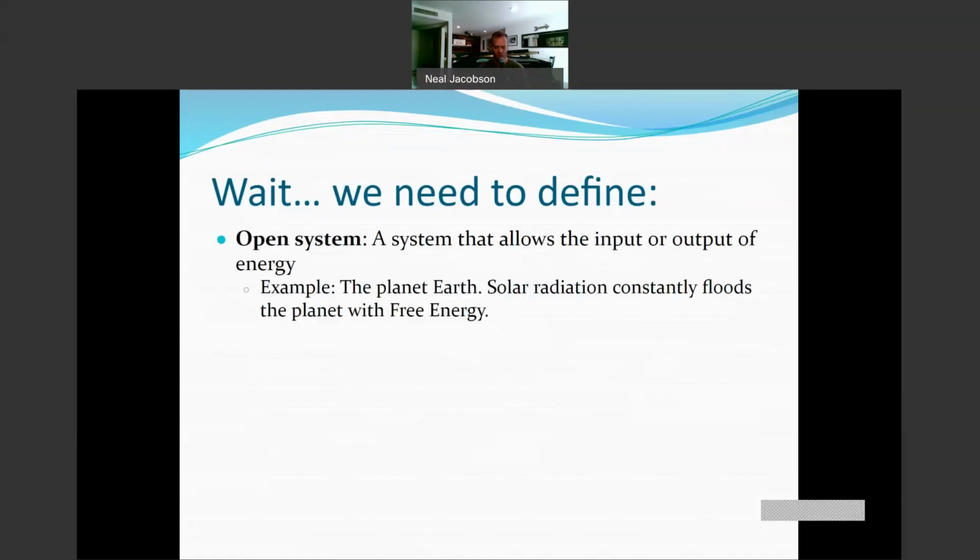So a good example of an open system would be the planet Earth. If we didn't have a sun, we would eventually turn very cold and become about the same temperature as the rest of the space around us, almost absolute zero.